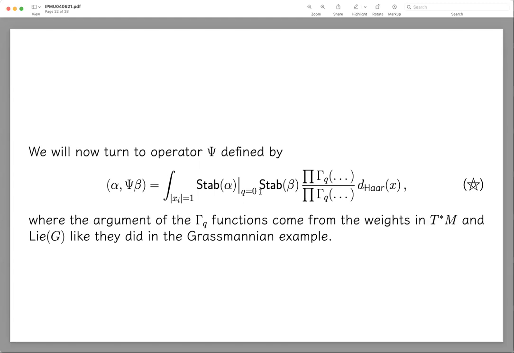I see. So h bar is just an equivariant variable. This is somewhat confusing, because in QKZ there is this shift.